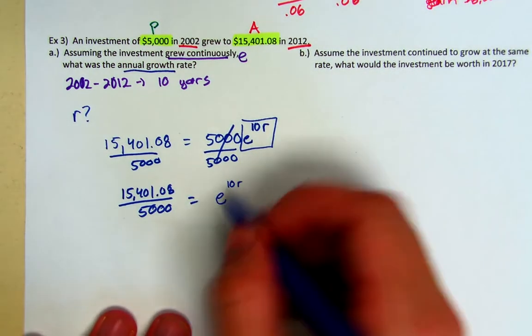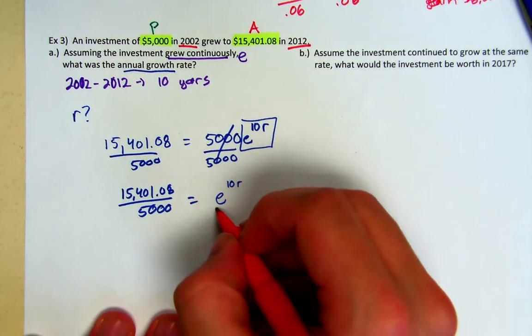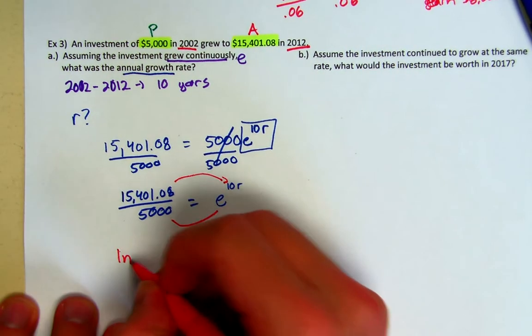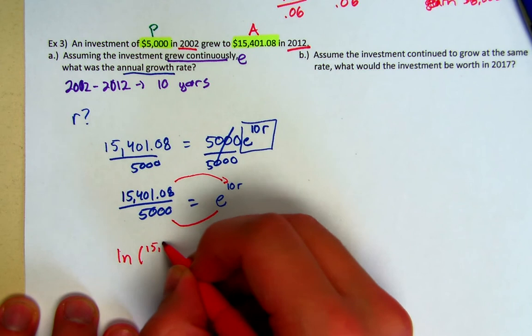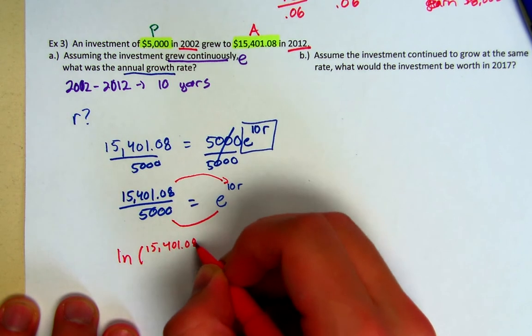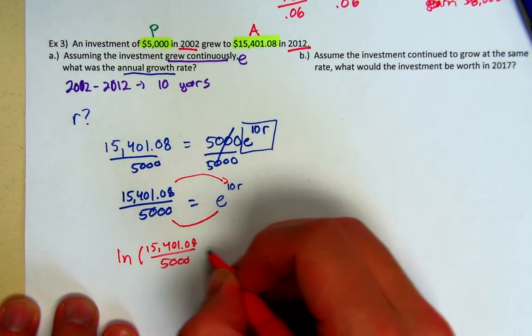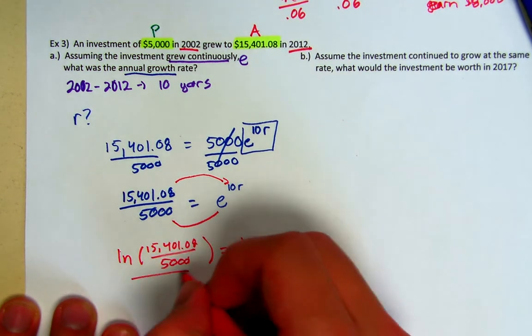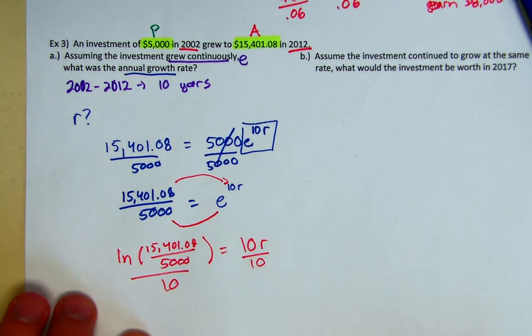I'm going to change forms from here. So E to this equals that. So natural log of 15401.08 divided by 5,000 equals 10R. Divide the whole thing by 10. And this is what I want to show you in the calculator because it's harder to type these in.